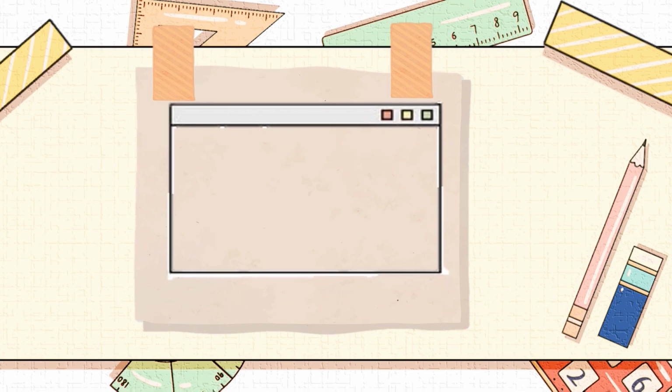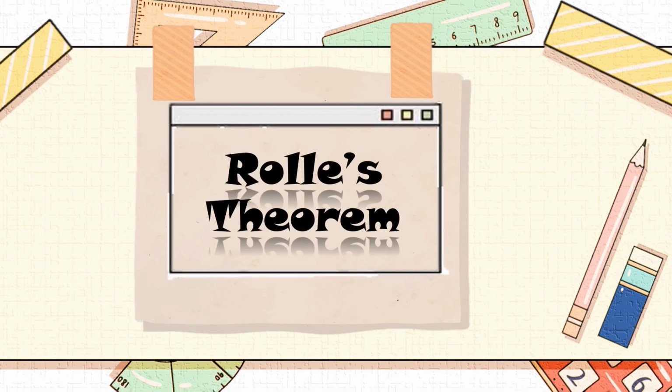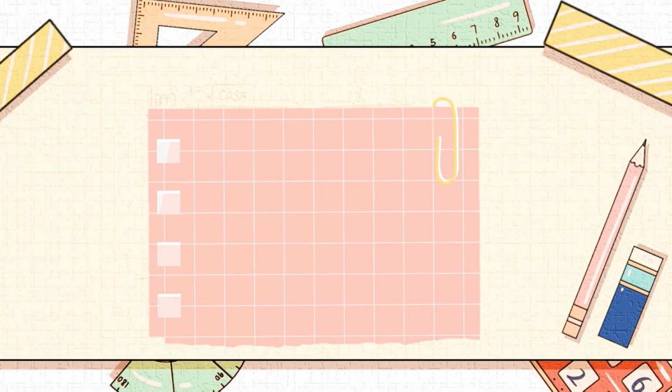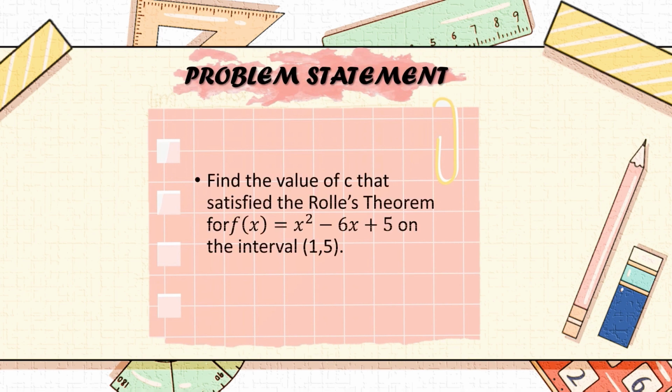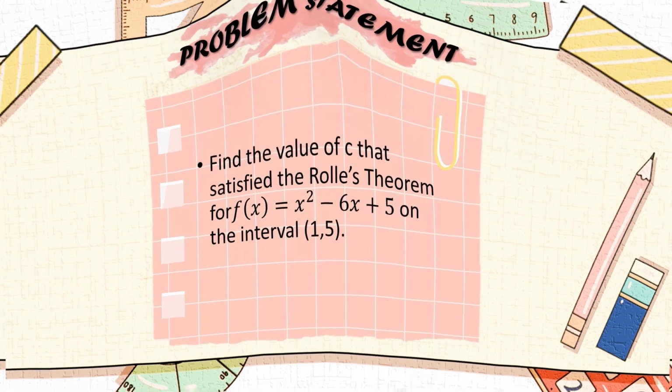Now, I'm going to present the problem statement for Rolle's theorem and also the solution. So here is the problem statement. The question asks to find the value of c that satisfies Rolle's theorem for f(x) equals x squared minus 6x plus 5 on the interval [1, 5].